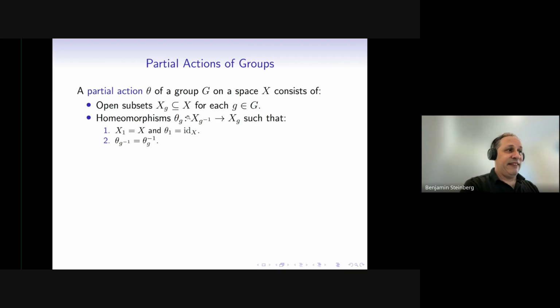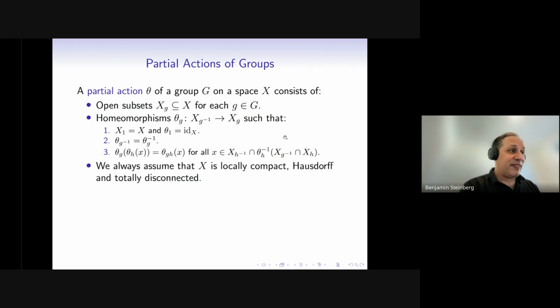Notice that the inverse would go from X_g to X_{g^{-1}}, which is what you would want. The third condition is a little bit messy to read, but basically it says that if theta_g theta_h(x) makes sense, then theta_{gh}(x) also makes sense, and they agree. So if the left-hand side makes sense, then the right-hand side must make sense and agree with it. That's what this is supposed to say. Hopefully I got that correct.